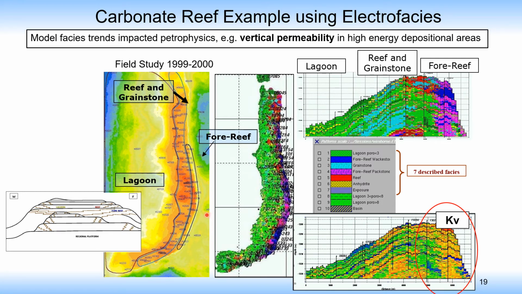At that time, a lot of people just used porosity to model carbonates. Having the facies allowed us then to classify facies over different areas and have trends in our facies, have different permeabilities, like higher vertical perm in the higher energy environment for the same porosity magnitudes.